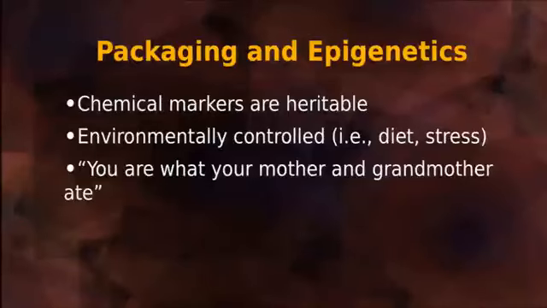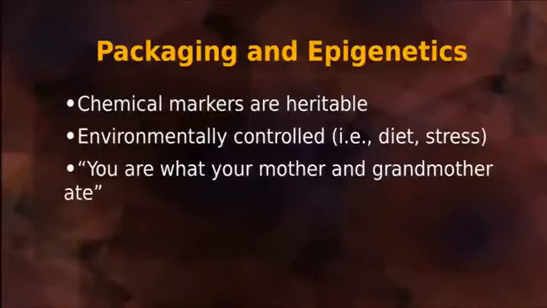That child then, when your child grows up and has children, those chemical markers can still be on there from grandma. So it's passed down, is what I'm trying to say. You're not just inheriting DNA, you're inheriting the chemical markers that affect the expression of the DNA. It can be short-lived, maybe only passed down to one generation, or longer, passed down to multiple generations.